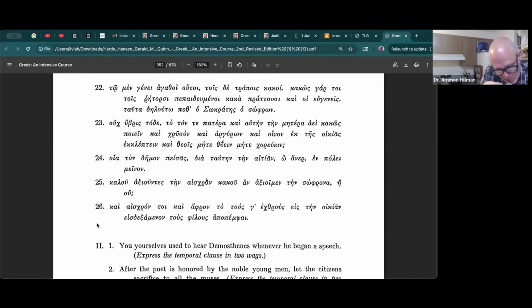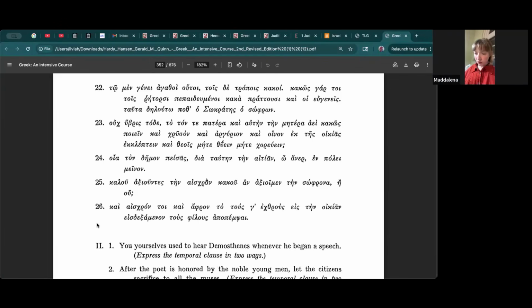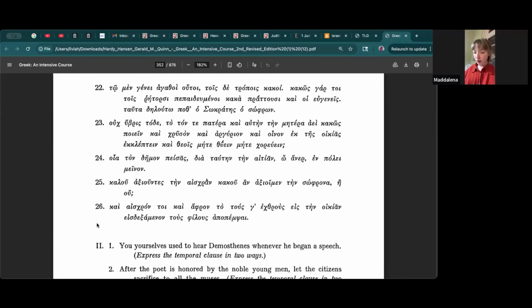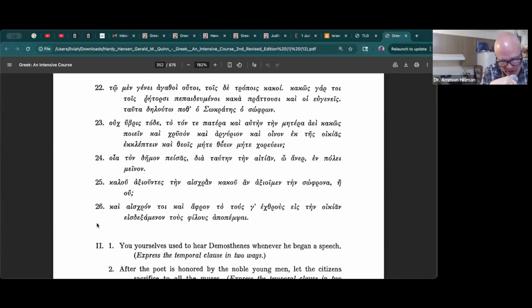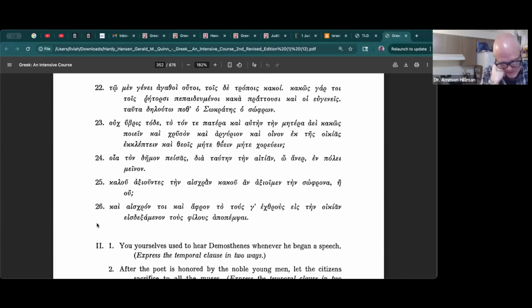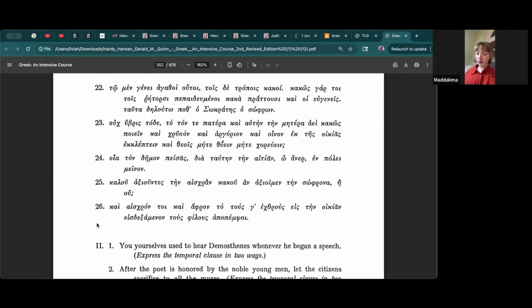Got a verb, apopempsai. Looks like that's got to be our main verb, doesn't it? But what is it? Apo and then pempsai put together. What's that ending look like? Does that look indicative, subjunctive, optative?